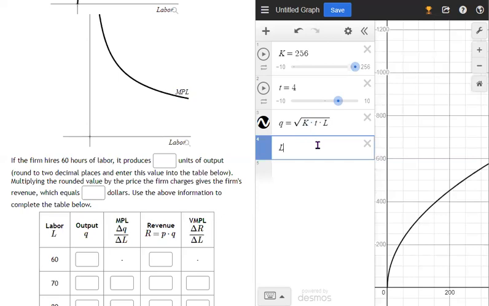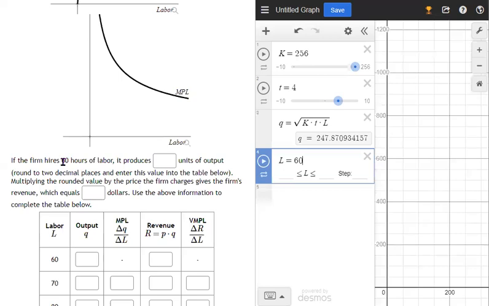If I come down here and type L equal 60, then when L is 60 hours, when the firm demands 60 hours of labor, it will produce this much output.